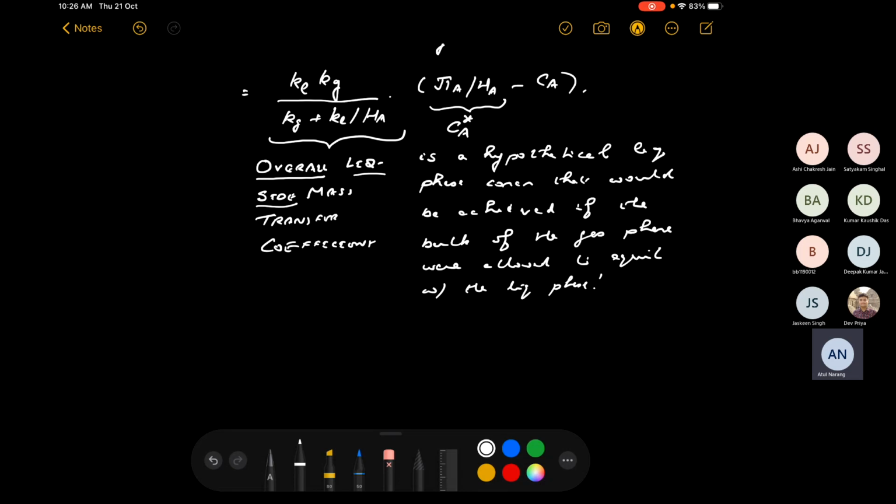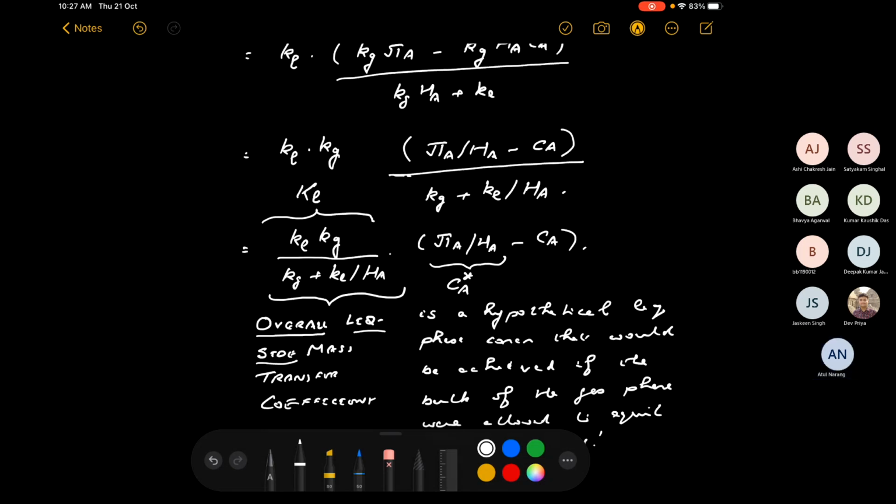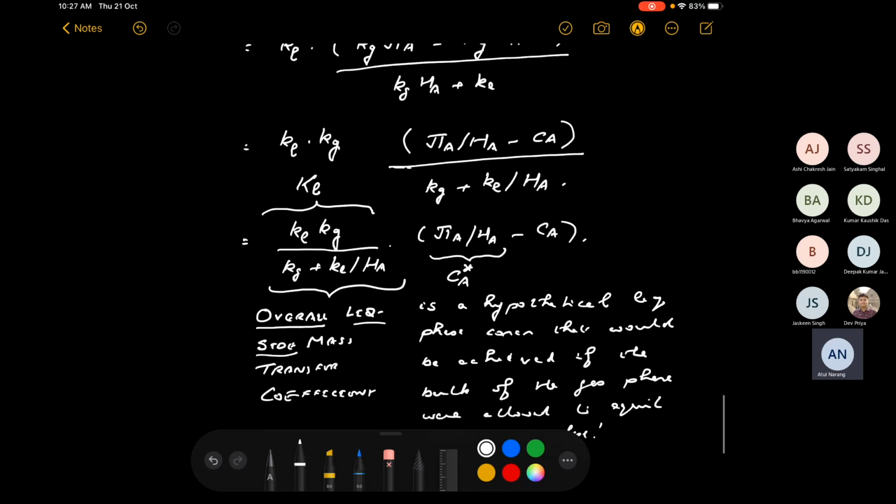So you can see this whole thing is often denoted by capital KL, L for liquid side.